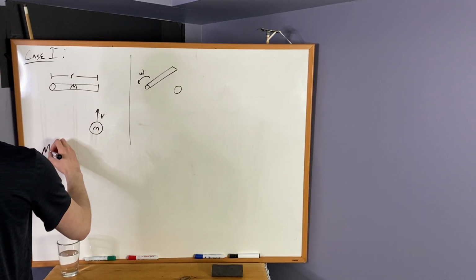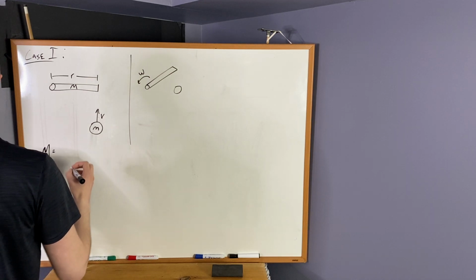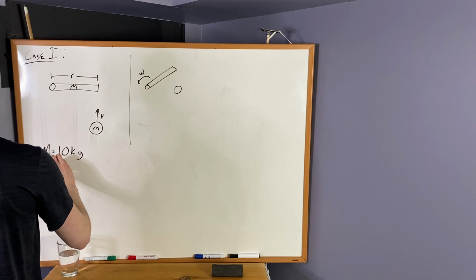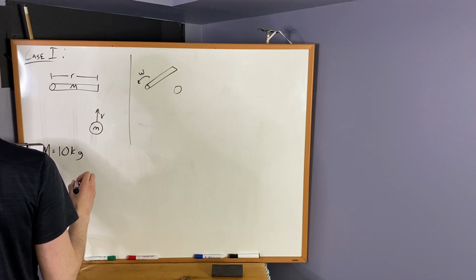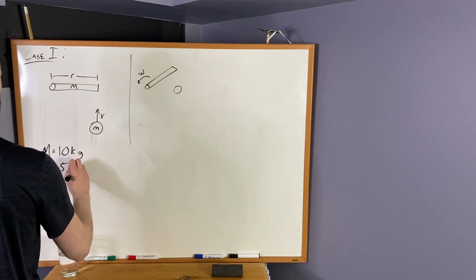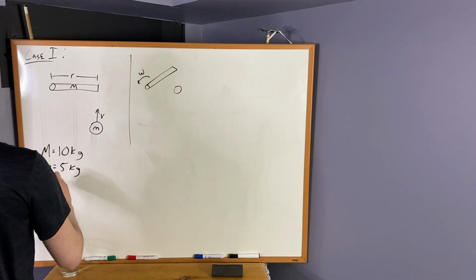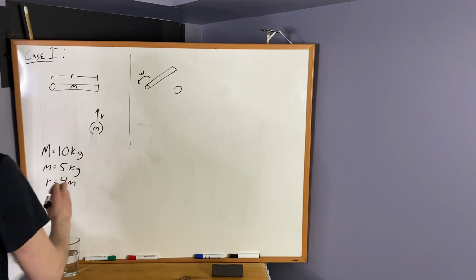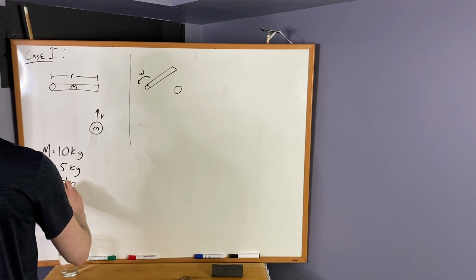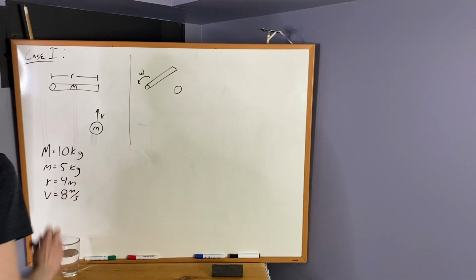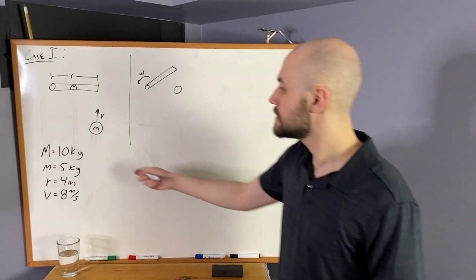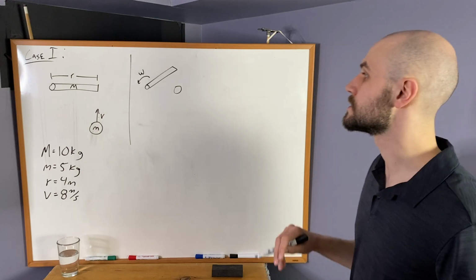We could call the mass of the rod 10 kilograms, the mass of the ball 5 kilograms, the length of the rod 4 meters, and the incoming velocity 8 meters per second. We're not really going to touch the numbers until after we solve this out algebraically, but these are the numbers we're going to be using to solve this system.